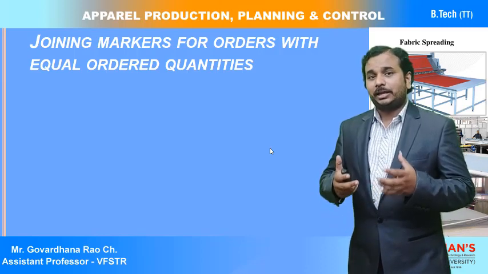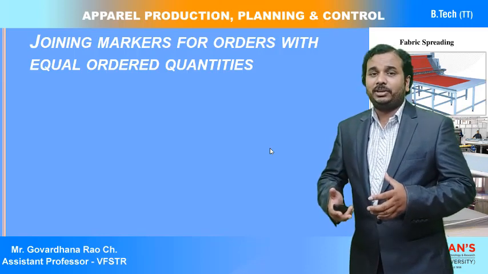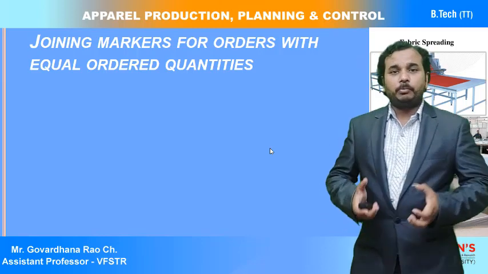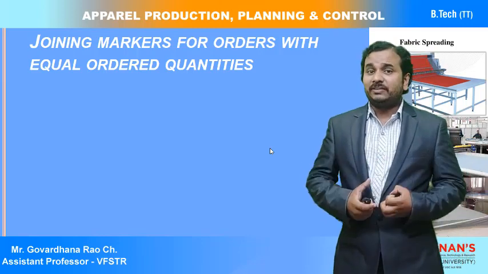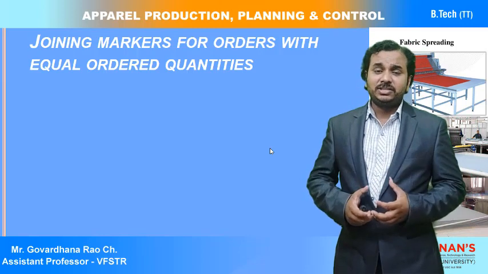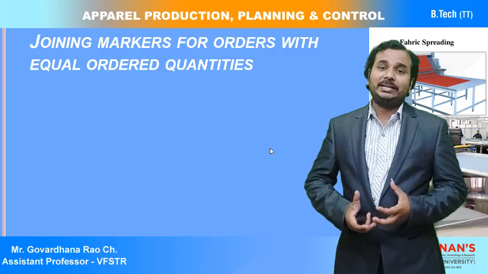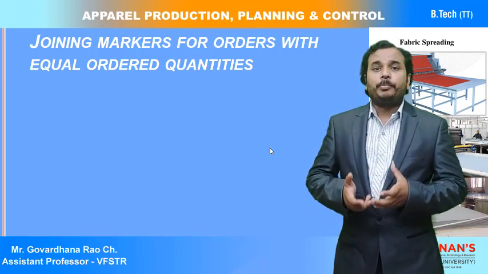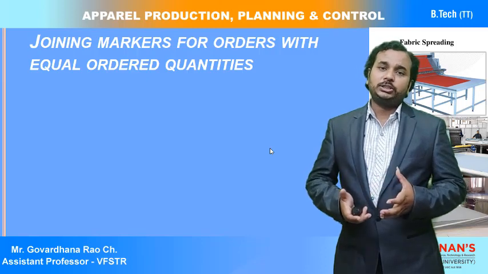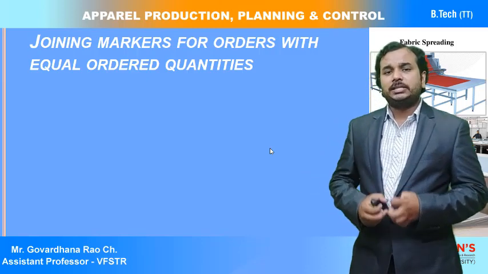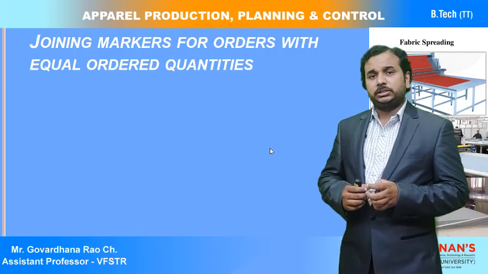For example, a shirt has different patterns such as front bodies, back bodies, cuffs, collars, collar bands, sleeves, pleats, and plackets. So there are many components or patterns in a particular garment, and the marker consists of all the patterns.